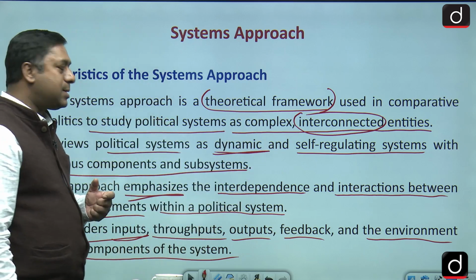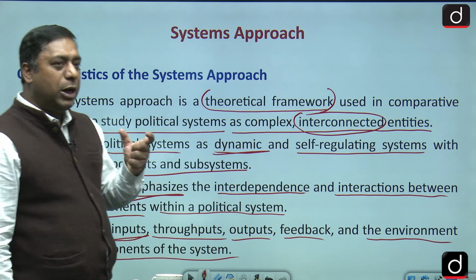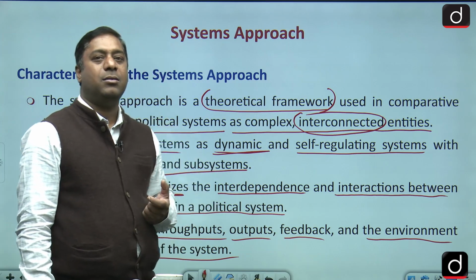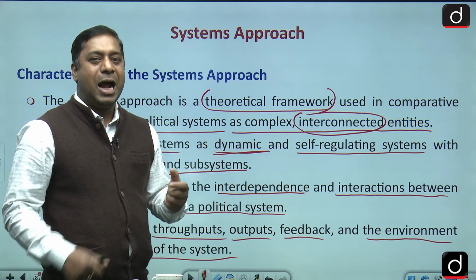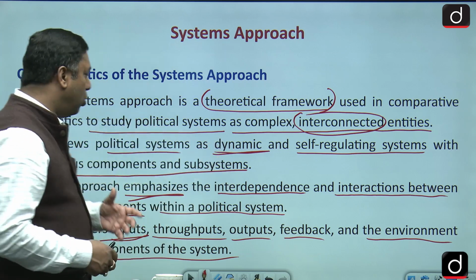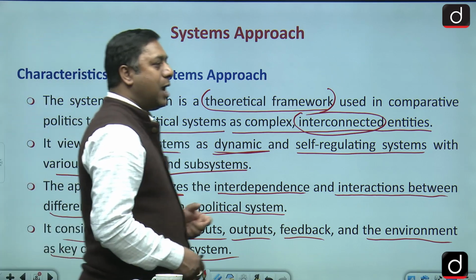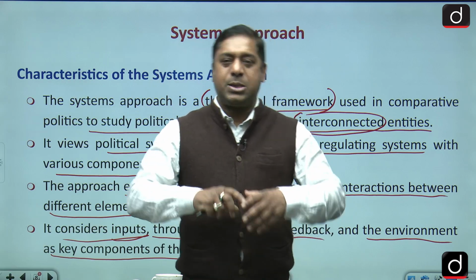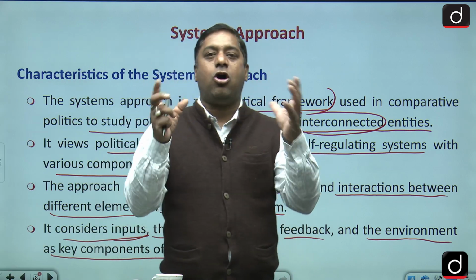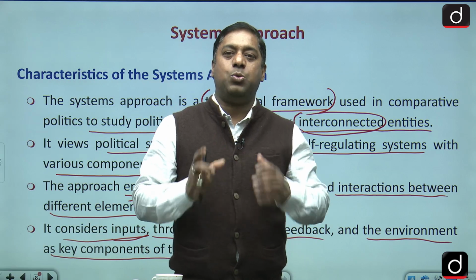The second point it says is that the political system is dynamic and self-regulating, as well as it has a lot of components and subsystems. That means it's self-regulating, it's dynamic with a lot of components in it as well as subsystems.